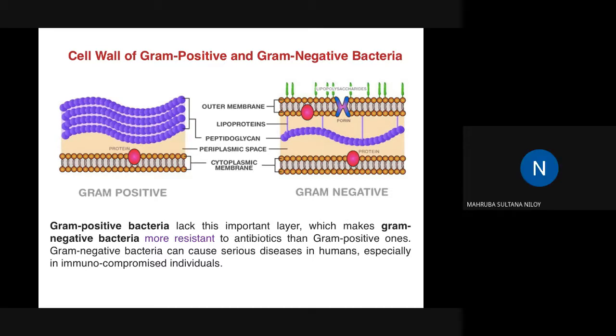And in terms of peptidoglycan layer. So in gram-positive bacteria, there is no outer membrane. Here you can see the outer membrane. And gram-positive bacteria contain a dense layer of peptidoglycan. Is it clear? Yes, sir.